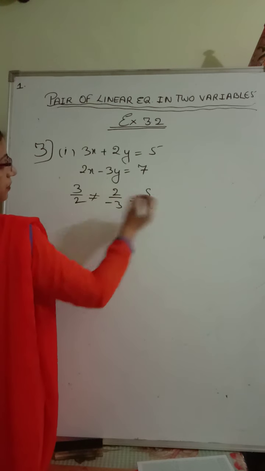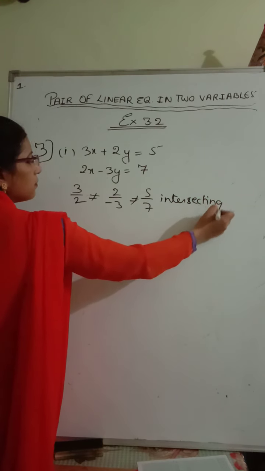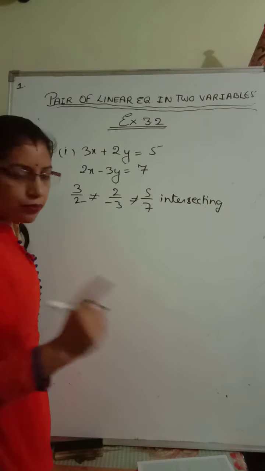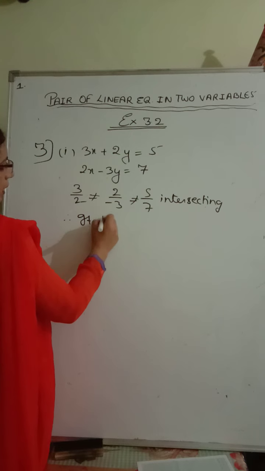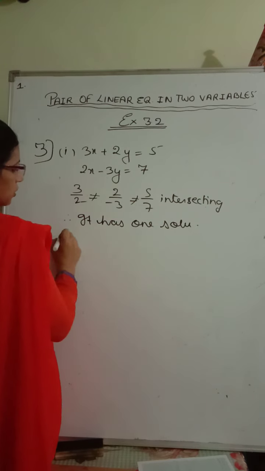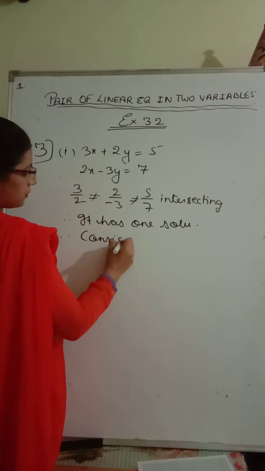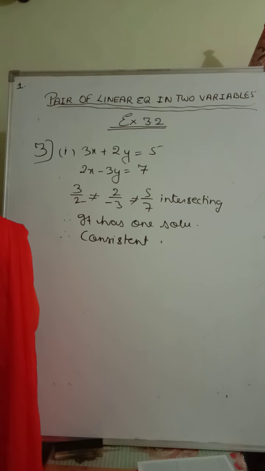These two are not equal. That means it is intersecting, because A1 upon A2 is not equal to B1 upon B2. If it is intersecting, therefore it has how many solutions? One solution. Therefore consistent, इसलिए क्या हो जाएगी? Consistent हो जाएगी. ठीक है?